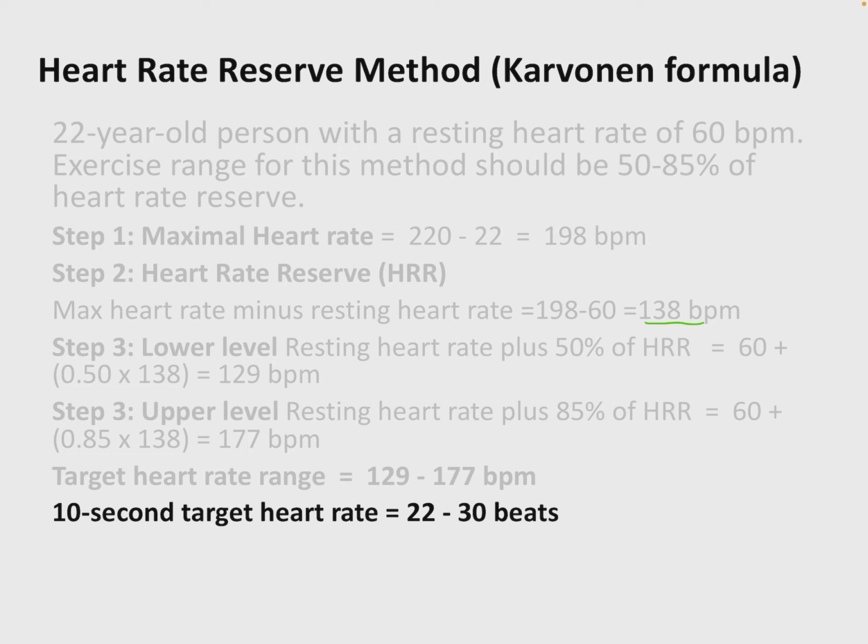Now, we'll show again with me calculating the heart rate reserve method or Karvonen formula. So my age predicted max heart rate was 220 minus, sadly, 45 years, equals 175.